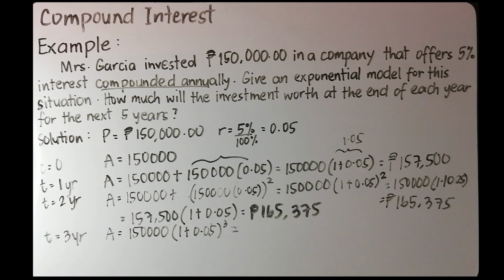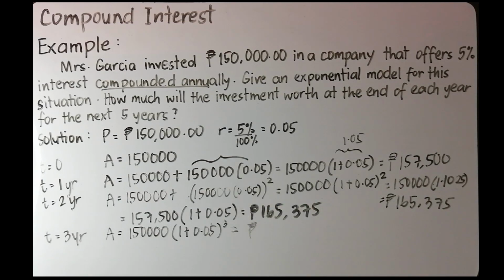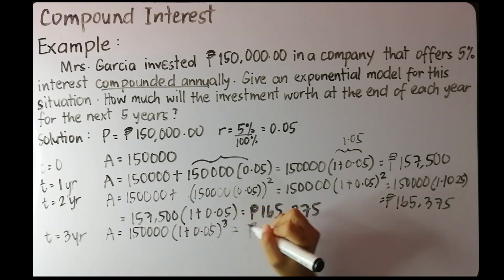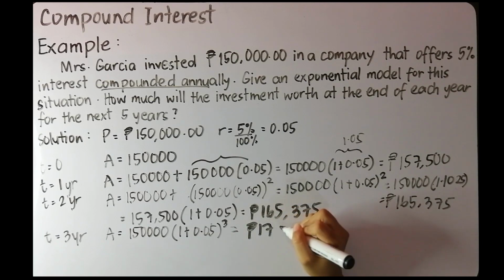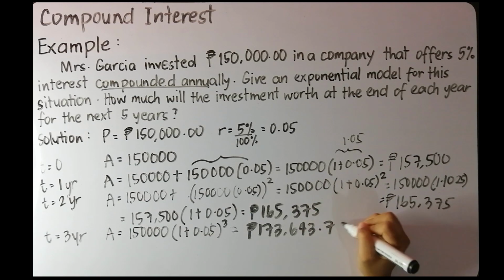Let's first solve 1.05 raised to 3, which equals 1.157625. Multiplied by our principal value, we have a total investment of 173,643.75.